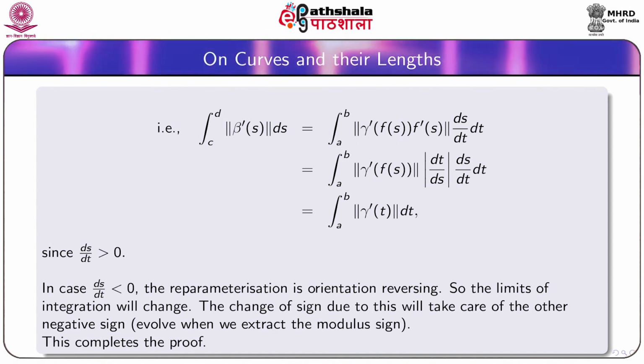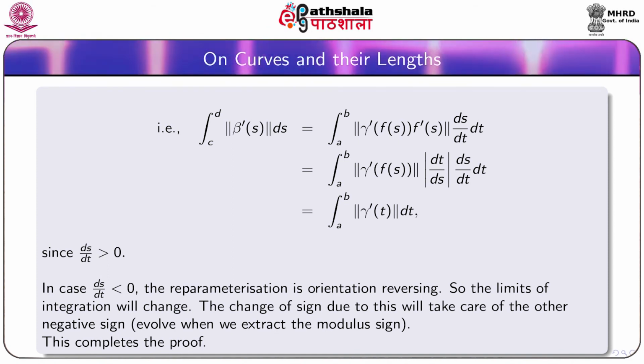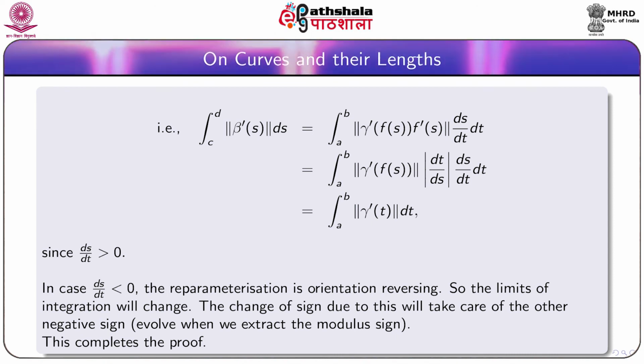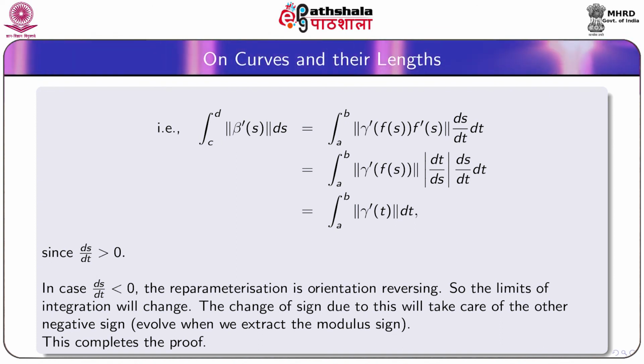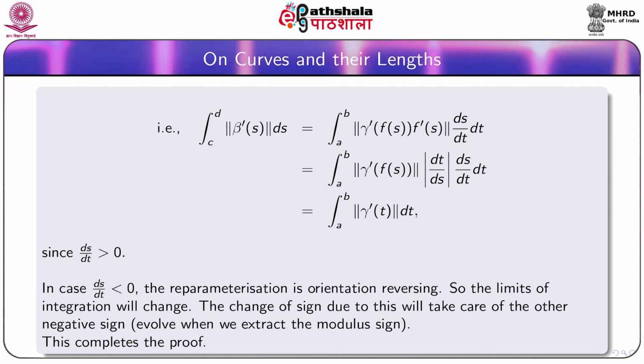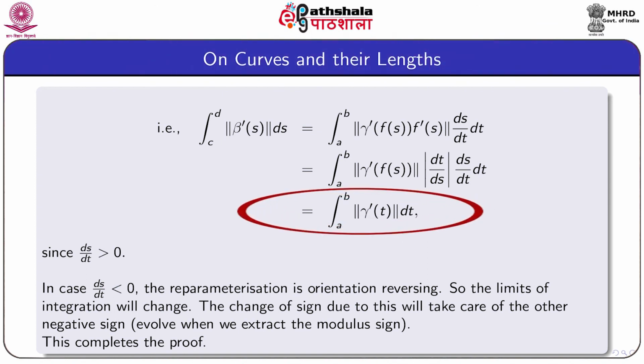This equals the integral from a to b of norm gamma'(f(s)) times modulus of dt/ds ds. Here f'(s), that is dt/ds, is positive. So we have this equals the integral from a to b of norm gamma'(t) dt.